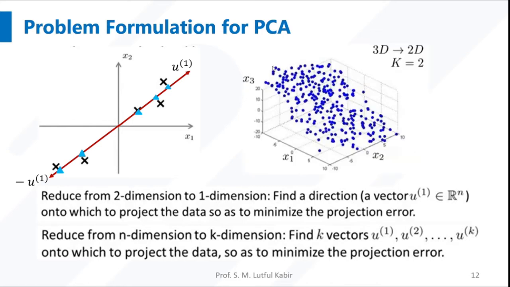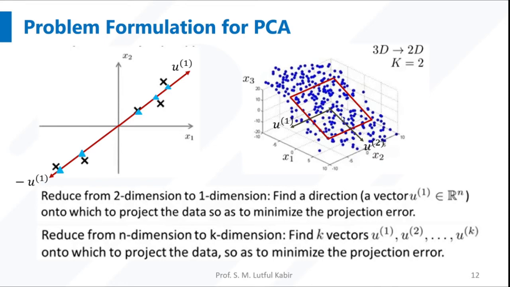So it is understandable by a two-dimensional surface. You can assume a plane where the two vectors u1, u2 are the two vectors, and we have to find out the two vectors u1, u2 by which you can constitute a plane, and this plane will be the surface on which the projection will be made.